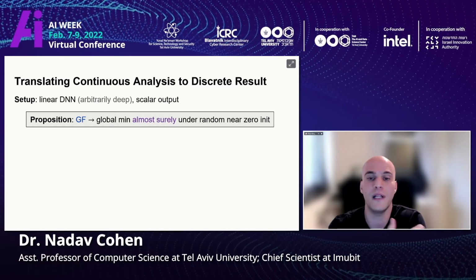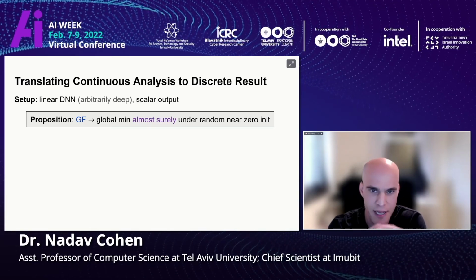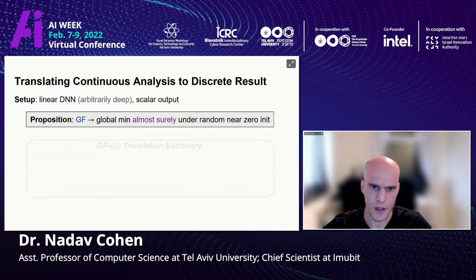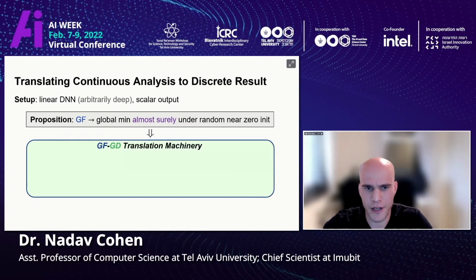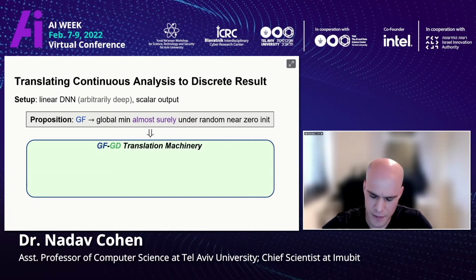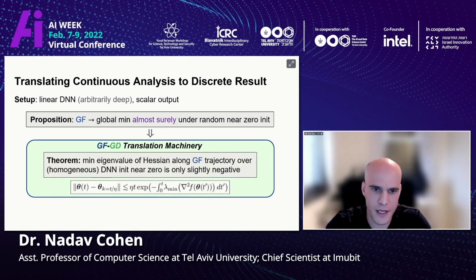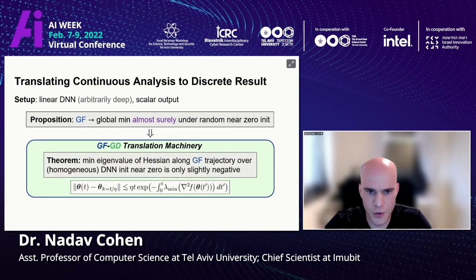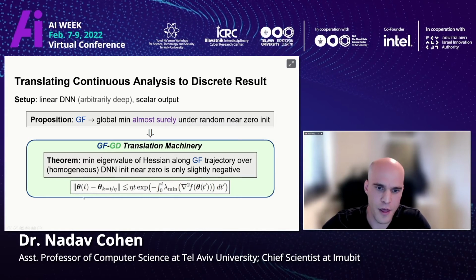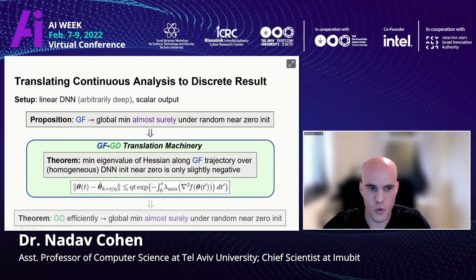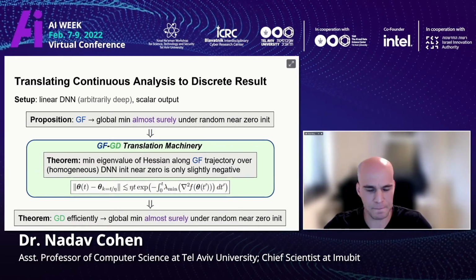That means with probability 1 under an initialization that's near 0. And if you feed this into the generic gradient flow, gradient descent translation machinery, which is basically the result of the minimal eigenvalue of the Hessian not being too negative and the bound that is a result of the fundamental theorem, you immediately get a result for gradient descent.